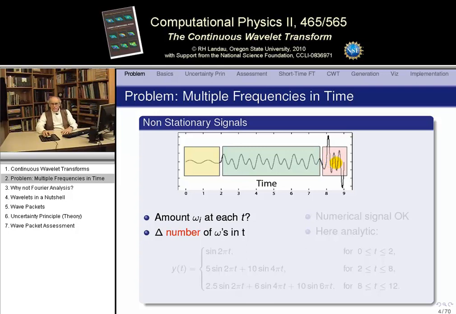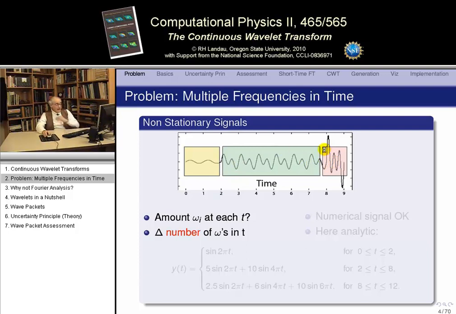So the question is, what frequency is present in this signal? Well, obviously, there's different frequencies present at each time. So what frequencies are present at each time, because there's more than one. So we have both the number of frequencies present changing in time and their amplitudes possibly changing in time.